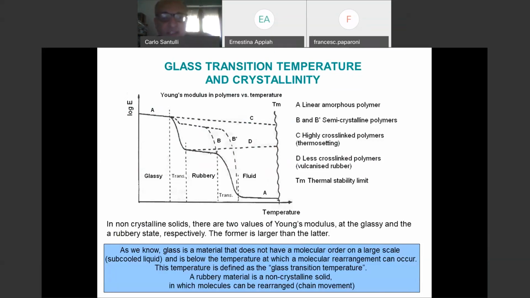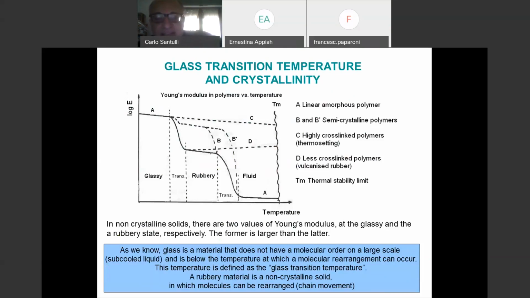You have the first transition, the Tg, at which the Young's modulus, E, which is composed of E1 plus i E2, drops over a certain temperature interval, and the material goes from glassy to rubbery. If the Young's modulus drops, that means that the material elongates more. Rubber elongates more than glass, obviously.